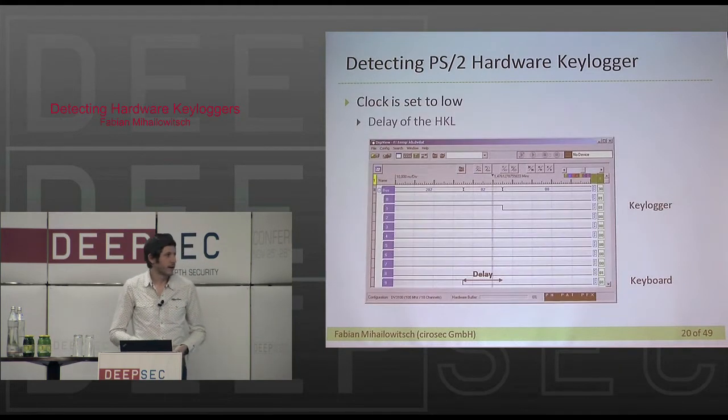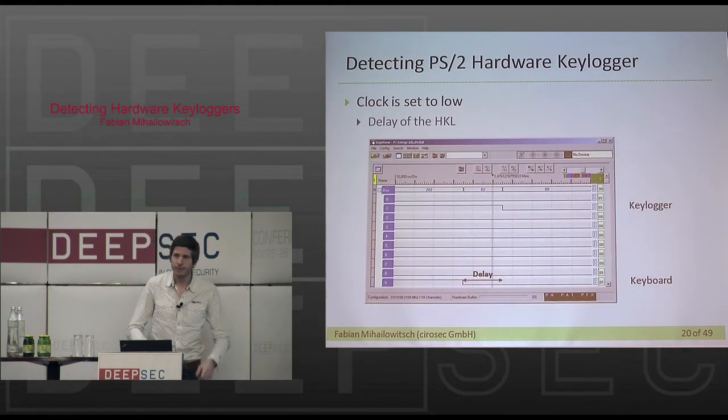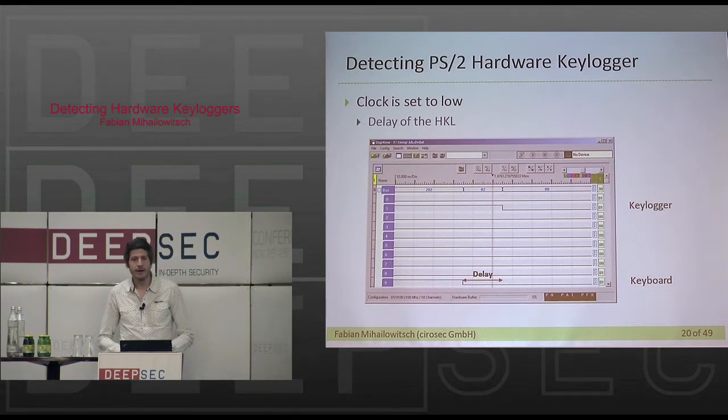But if you take a closer look and zoom in to analyze it in more detail, you can see that when the clock in that example is pulled low, the keyboard pulls the clock low, and the keylogger does the same, but with a slight delay right here.